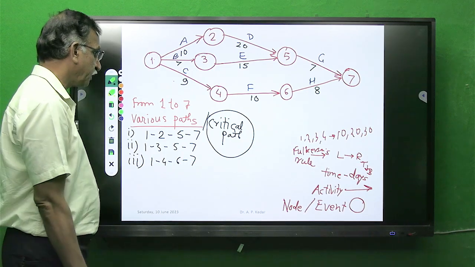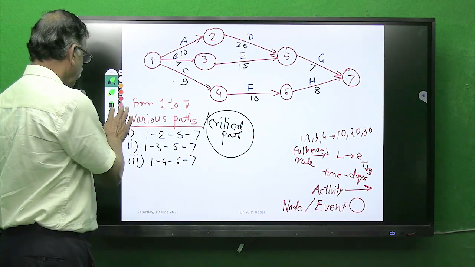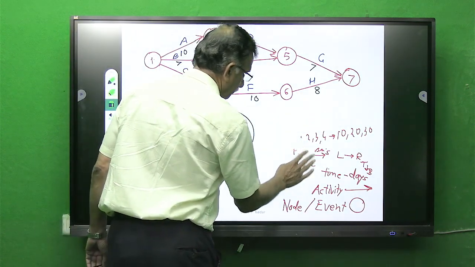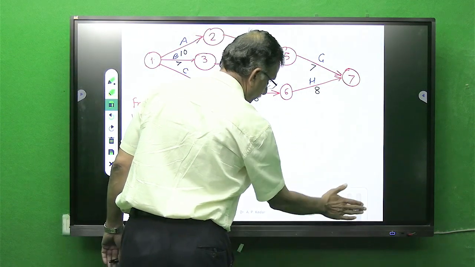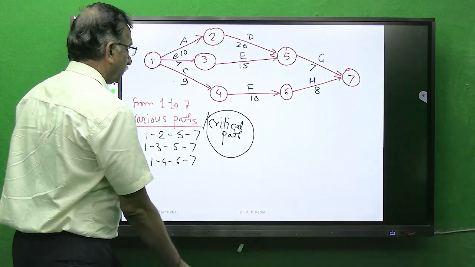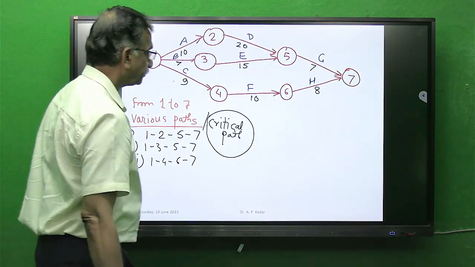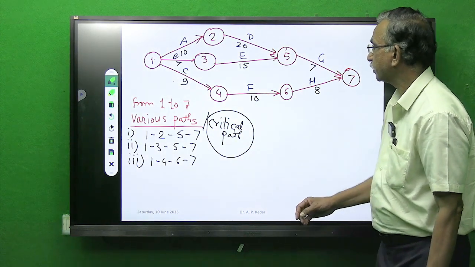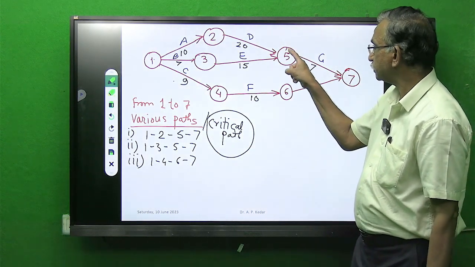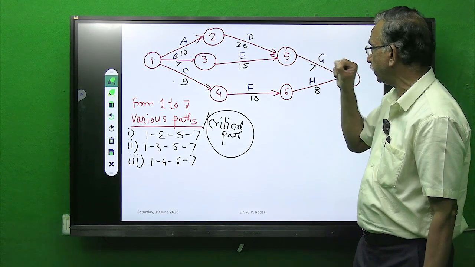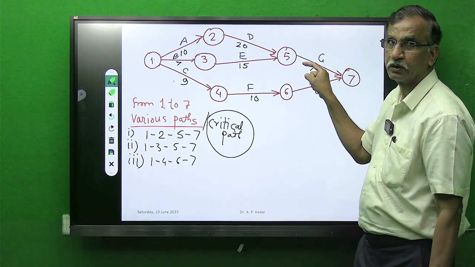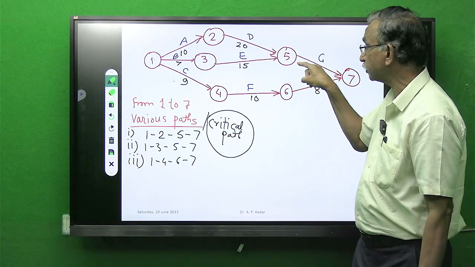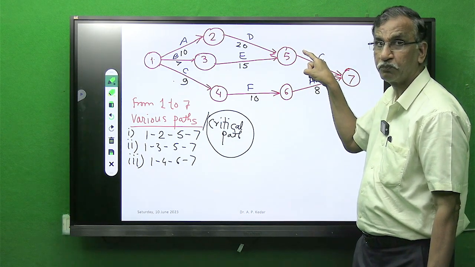Now, first get the importance of various points. So for that I will rub this particular write-up. Now see, this event 5 will be assumed completed if I am talking of completion of event 5.